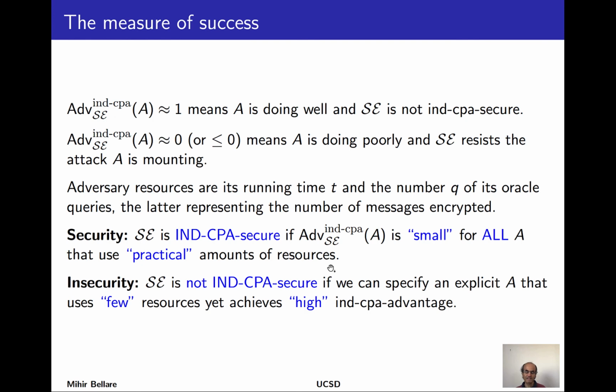And when we make estimates, we'll usually quantify things to make it possible to make good estimates. Now, these abstract definitions may need some mapping back to applications. The number of oracle queries in usage is the number of messages encrypted. So Q is the number of messages that Alice encrypts, whereas T is the running time of the adversary in all of this.